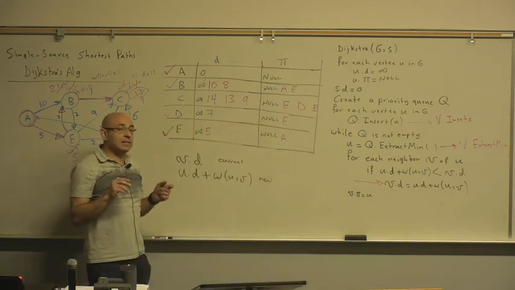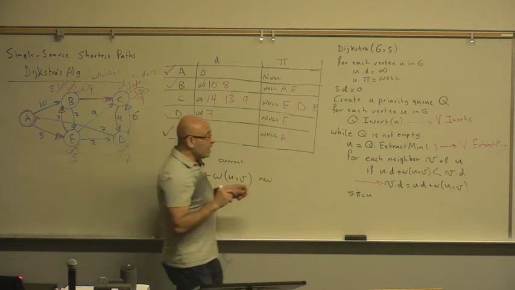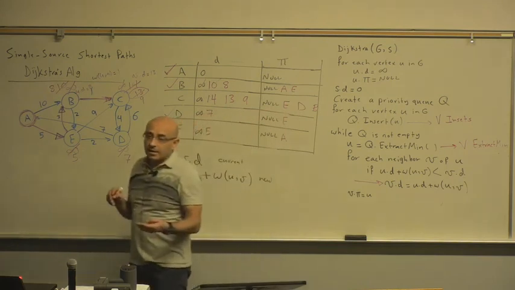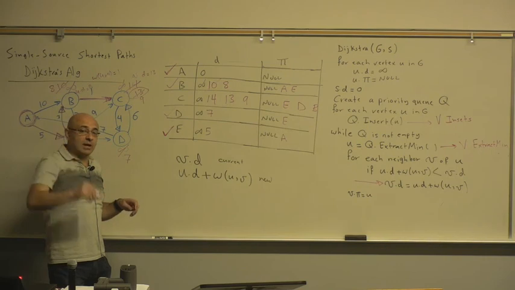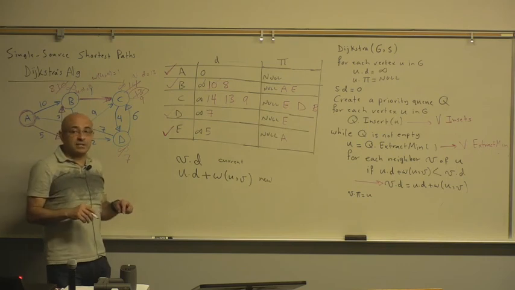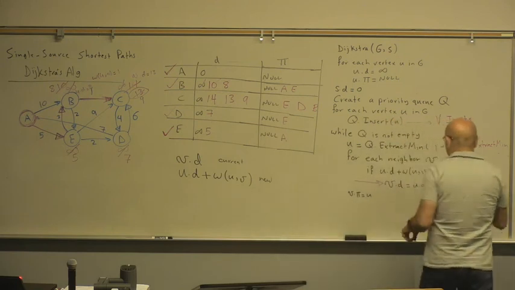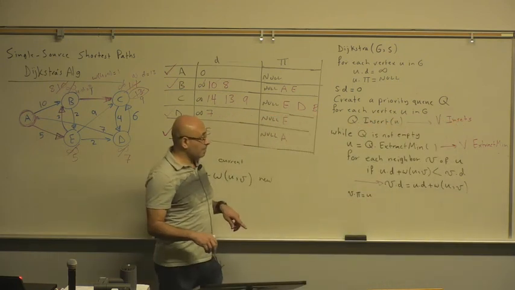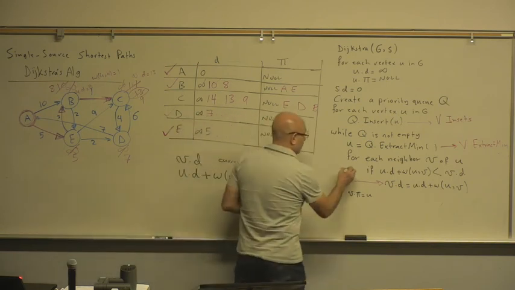So that distance is the key in the priority queue. So here we are updating the key, and when you update the key, there may be some operations that will have to be done to readjust the priority queue. But how many of these operations will we have? How many times will this line get executed?